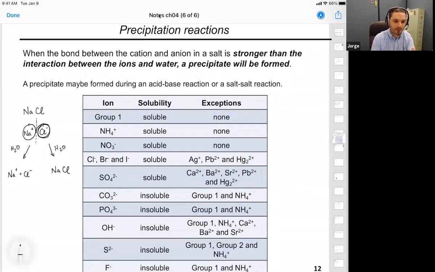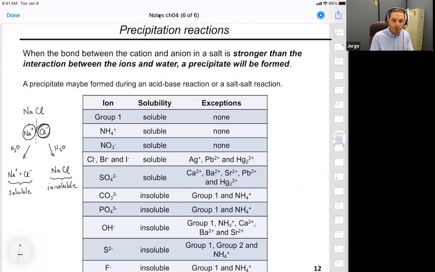If the first option happens and the water is strong enough to split the ions, then we call the salt soluble. The other way around, if NaCl is not split and it keeps its identity in water, we will call this salt insoluble.